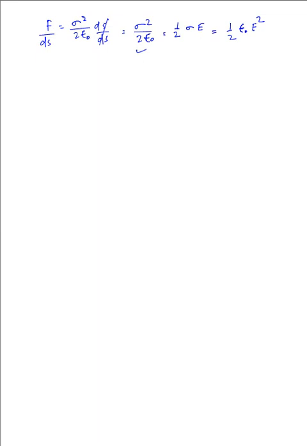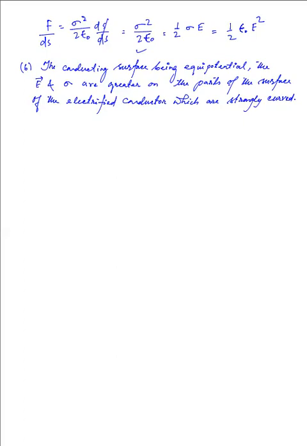What we also get from this property is that, with the force considered over unit area, the conducting surface being equipotential, the magnitude of the electric field as well as the surface charge density are greater on the parts of the surface of the electrified conductor which are strongly curved. Suppose we are considering a pointed surface of a conductor.